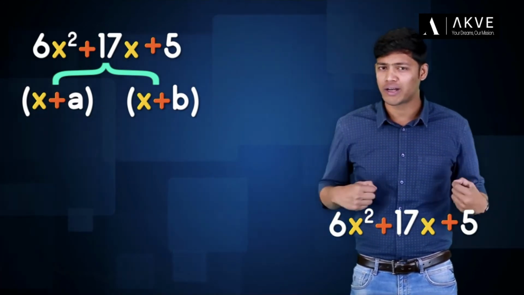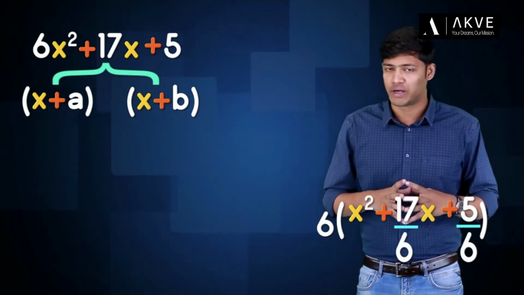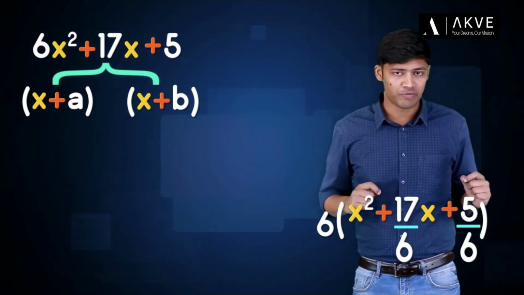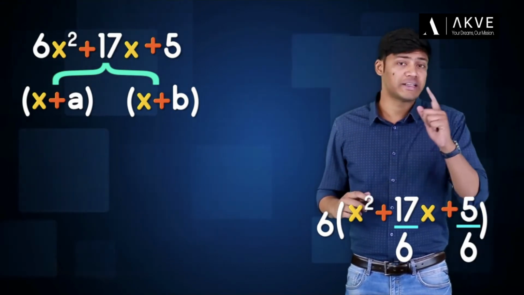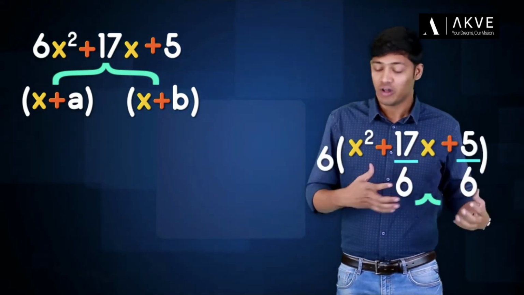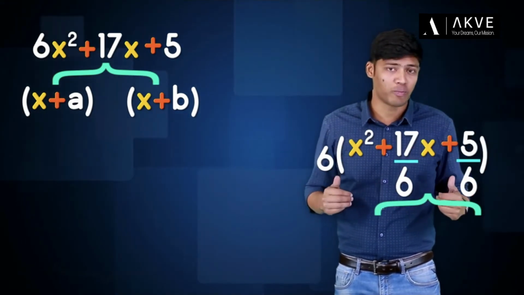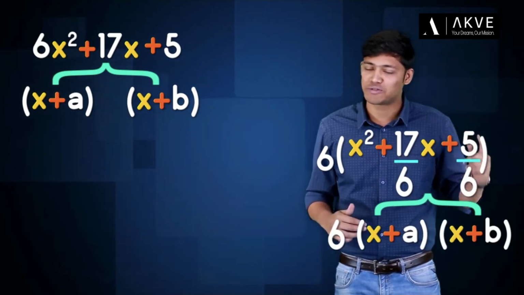And how do we do it? We simply take 6 common from all the terms of the polynomial. So the polynomial will be 6 multiplied by (x squared plus 17 by 6 multiplied by x plus 5 by 6). Now this polynomial is of the form 6 multiplied by (x plus a) multiplied by (x plus b).